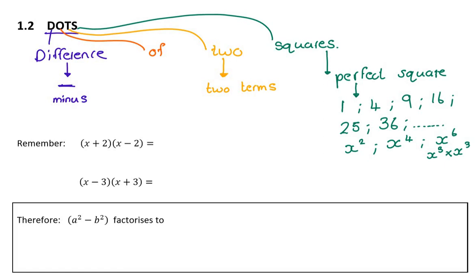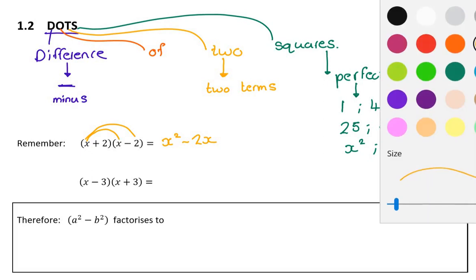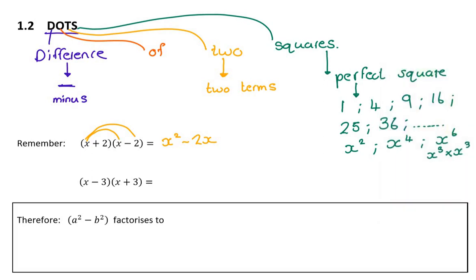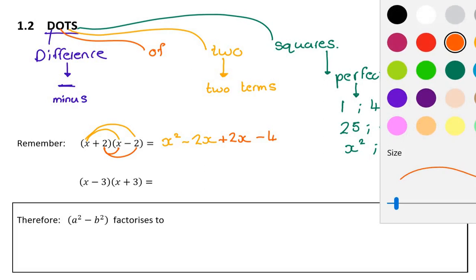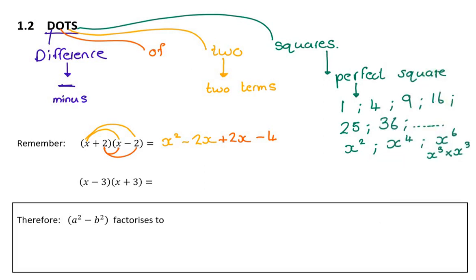So what I want you to remember from products is a binomial times a binomial, so this is x squared minus 2x, and I hope you notice that these brackets are almost identical, plus 2x minus 4. I say they're almost identical because they have the same terms, but different signs in the bracket.